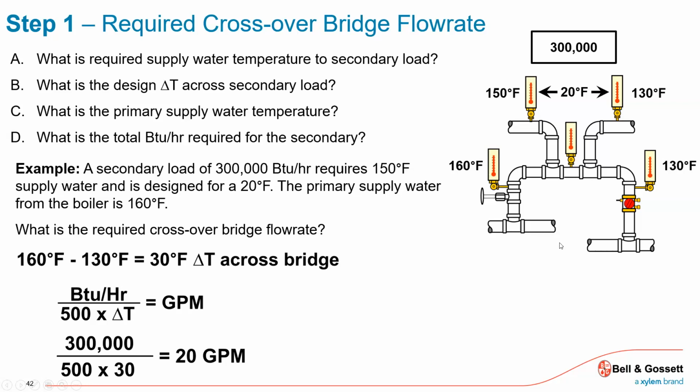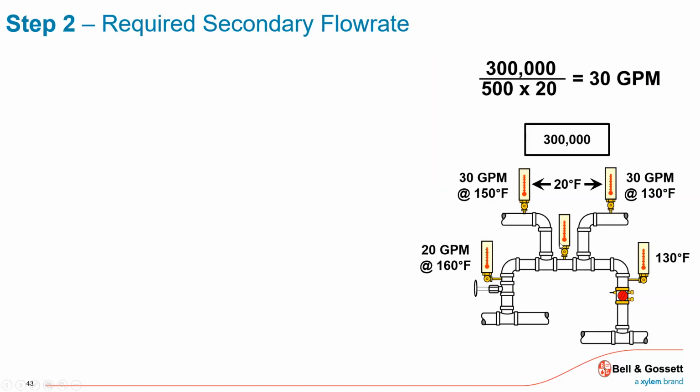So I've got a pump pumping 30 GPM, and I've got a requirement of 20 off of this main, 20 of 160. So I'm going to have 20 of 160 enter that T. I've got 30 GPM going through here, and I'm going to take 10 and move backwards. I'm going to blend with the 20 of 160. It's going to give me a mathematical equation that tells me I'm providing 30 of 150.